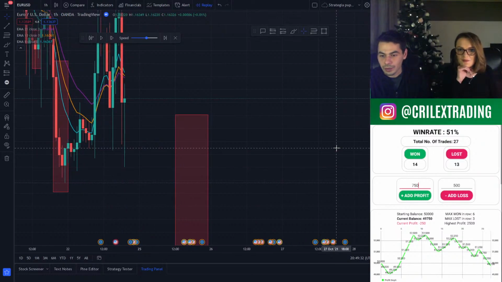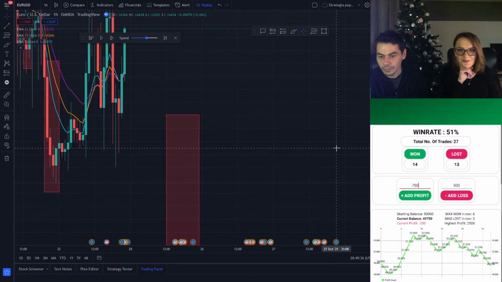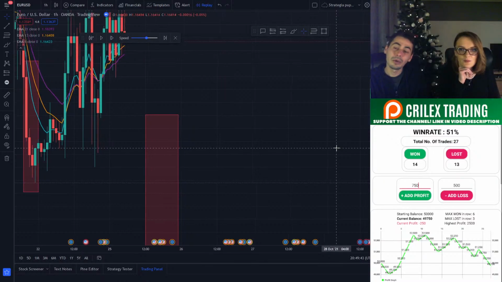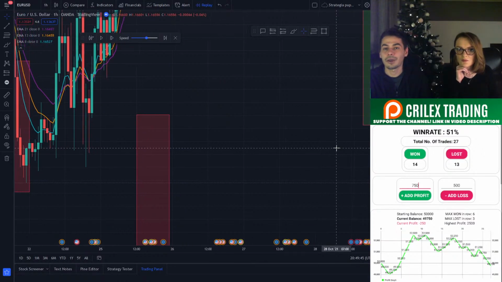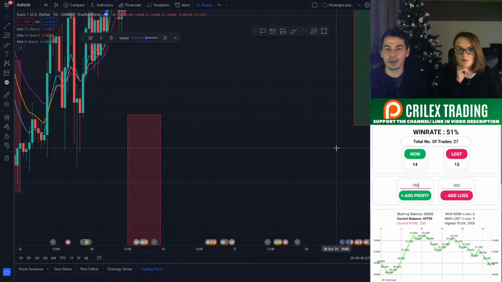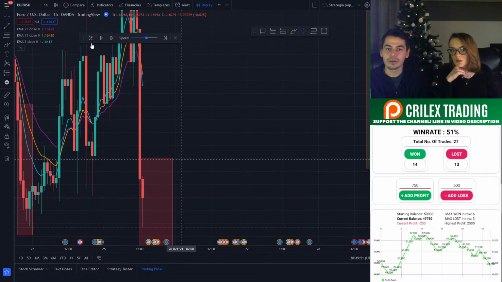Okay, so when you trade, we look for a candle on the 1 hour time frame to be above or below the EMAs and the EMAs to be crossed. We are not really looking at the candle formation that much.